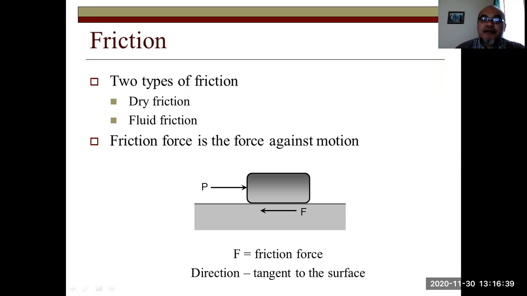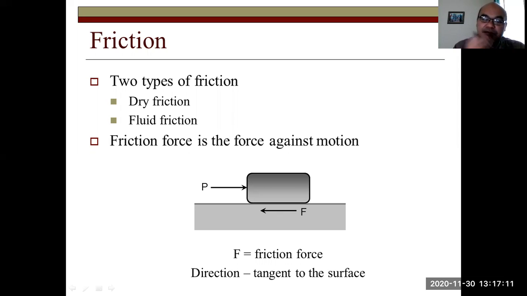However, in the ideal case it should be like that, but in reality that is not the case. In reality, when surface and surface interact with each other, there is what we call friction. So there will be a retarding force, a decelerating force, opposite to the direction of the motion.